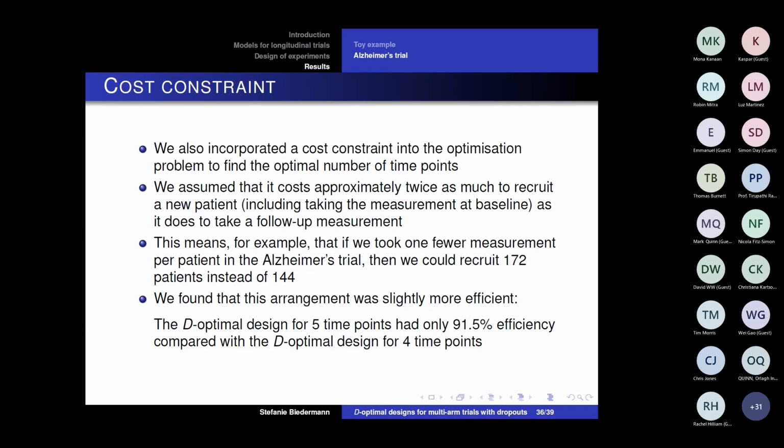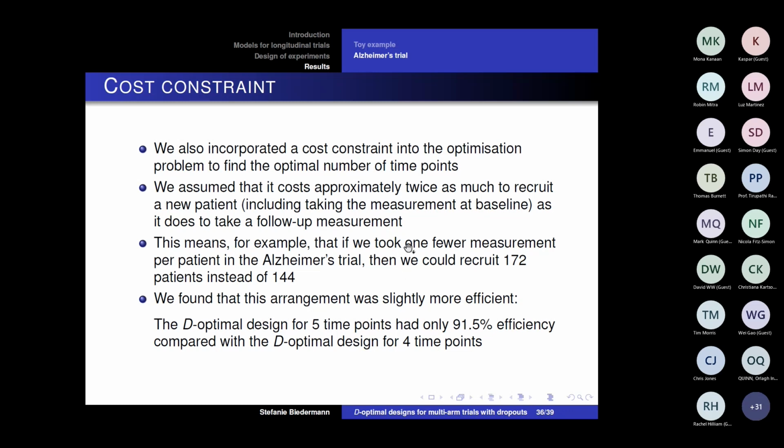We assumed that it costs approximately twice as much to recruit a new patient, including taking the measurement at baseline, as it does to take a follow-up measurement. In this case, we can then work out how many more or fewer patients we could recruit if we had one fewer or more measurement.